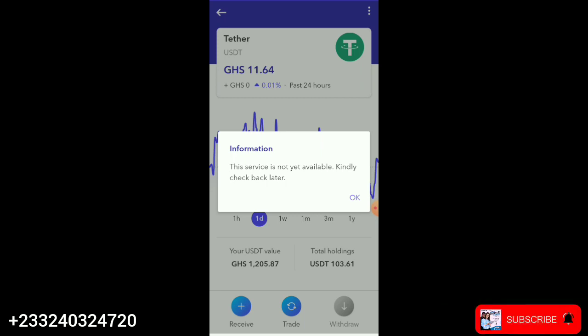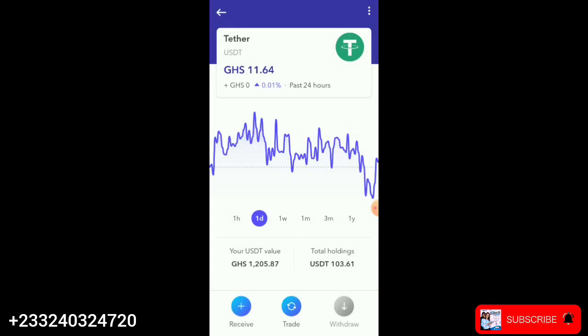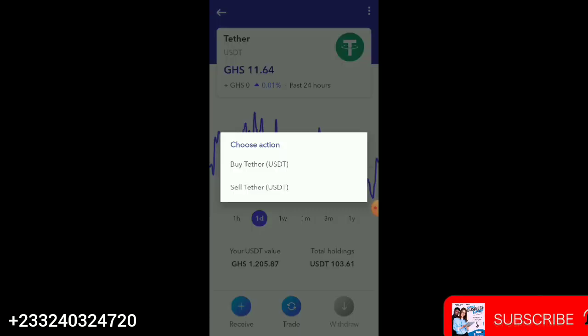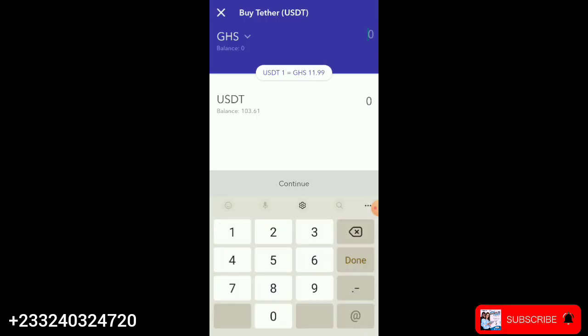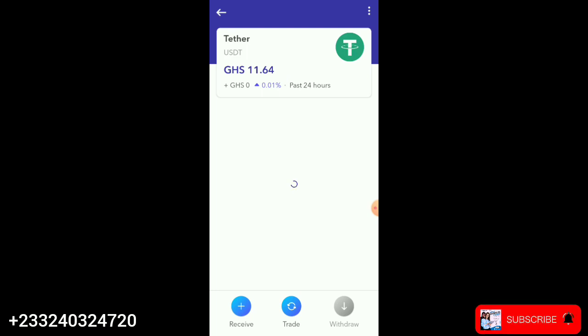That's what their support team told us, that it will be back when they are doing some small maintenance. Let me show you something. At first, when you go to trade and you go to buy USDT, one USDT is equal to 11.99, but in the market the USDT was 11.64.